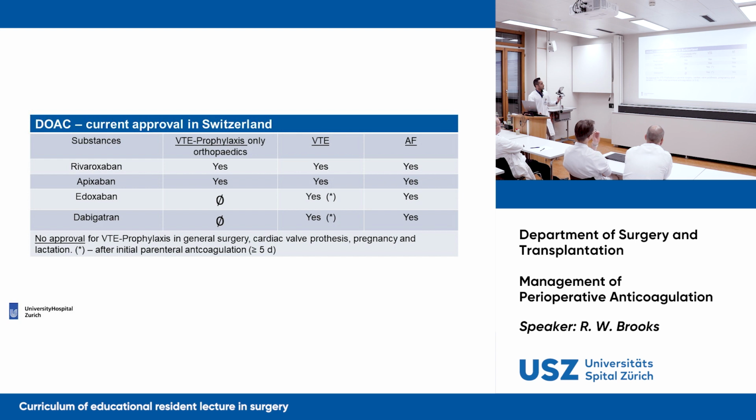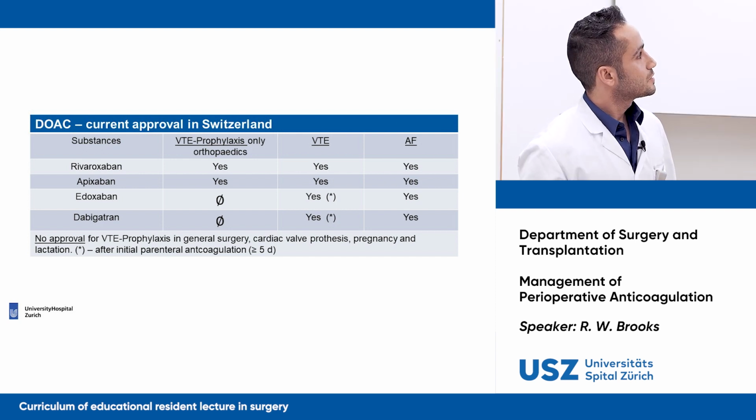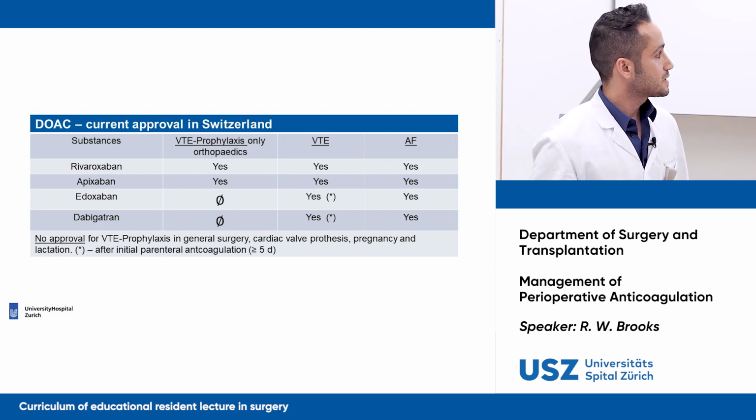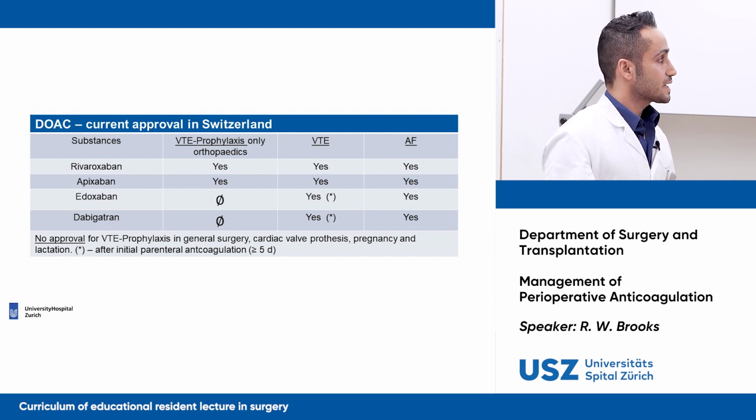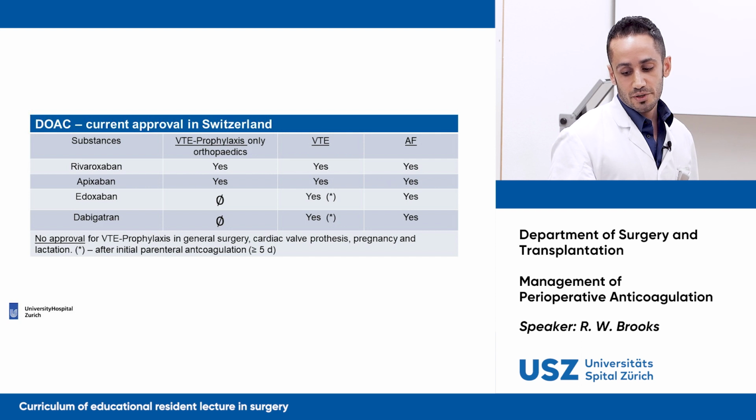I have to say that in the cases of edoxaban and dabigatran, patients start taking them after initial parenteral anticoagulation over 5 days. For atrial fibrillation, there is current approval for rivaroxaban, apixaban, and edoxaban. There is no approval for venous thromboembolism prophylaxis in general surgery, cardiac valve prosthesis, pregnancy, or the lactation period.